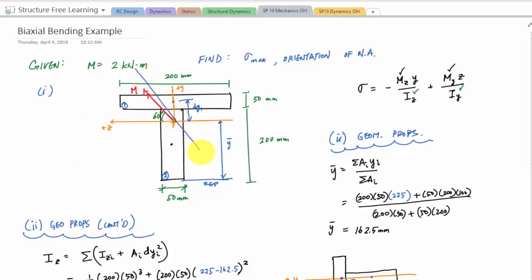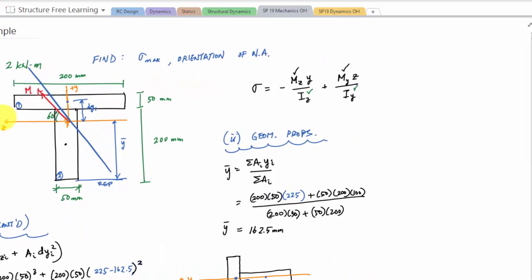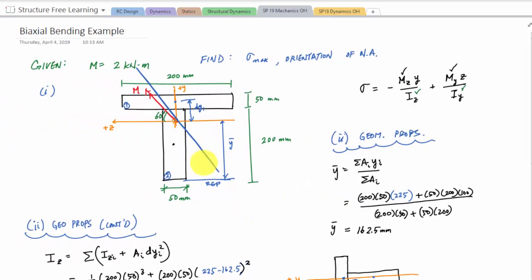This is the neutral axis. Here this is the NA, and this angle right here in blue, man, this drawing is crazy, is at 79.8 degrees.